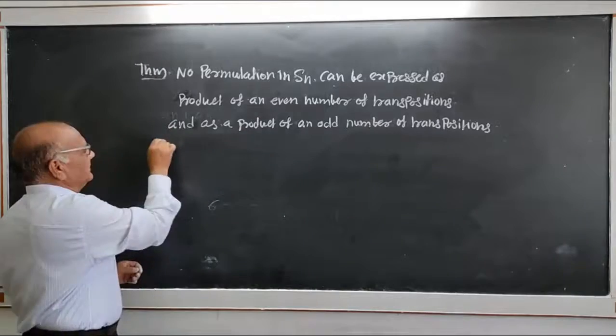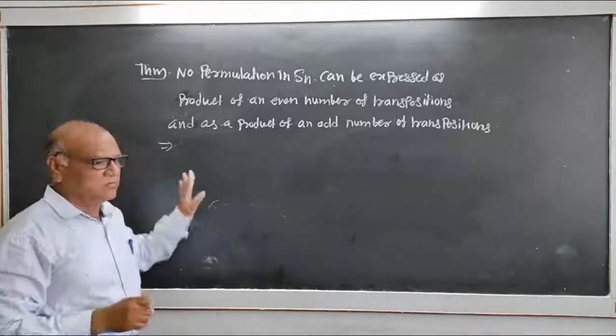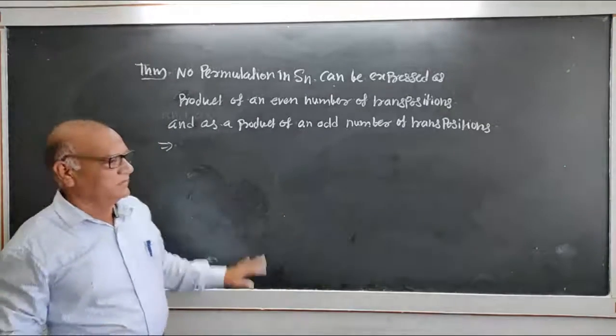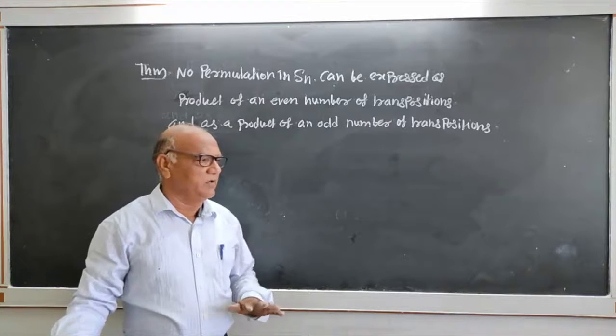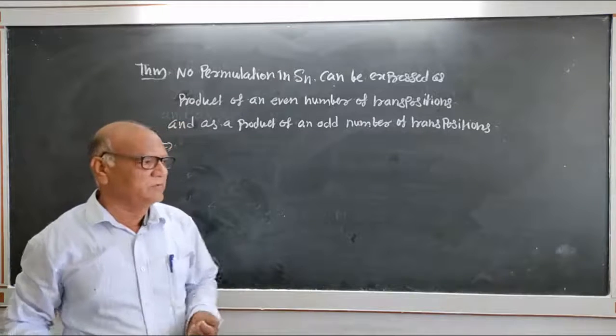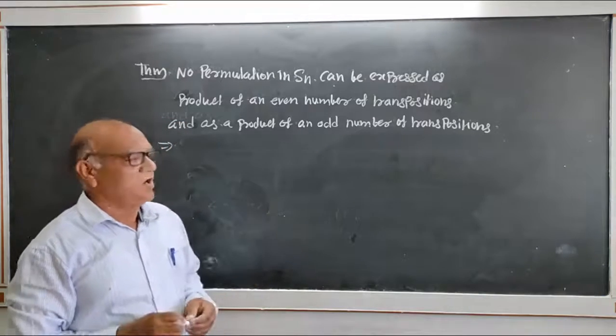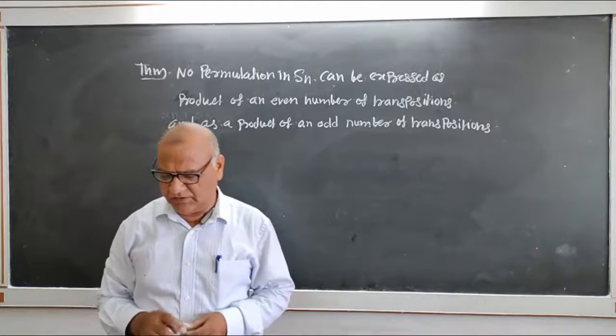Here, that means no permutation can be written as a product of an even number of transpositions as well as an odd number of transpositions.